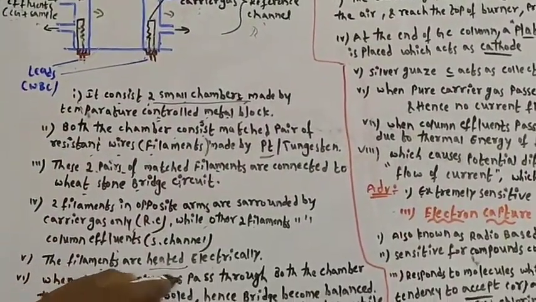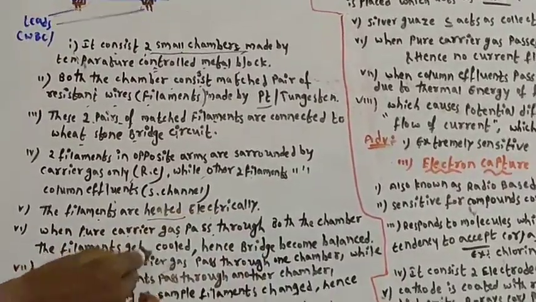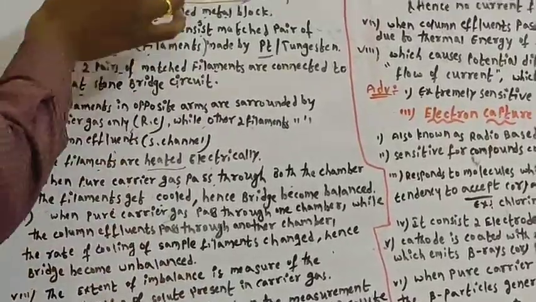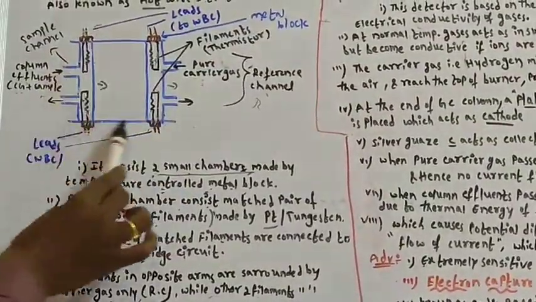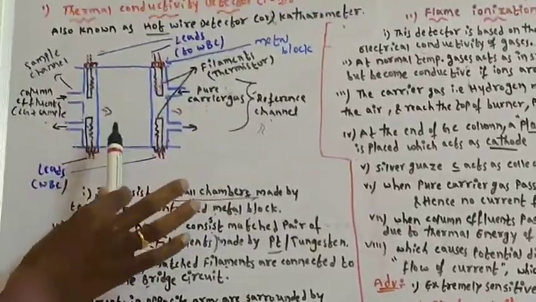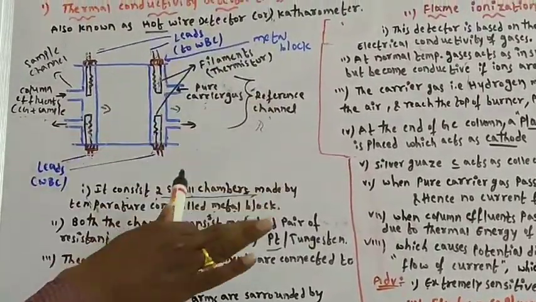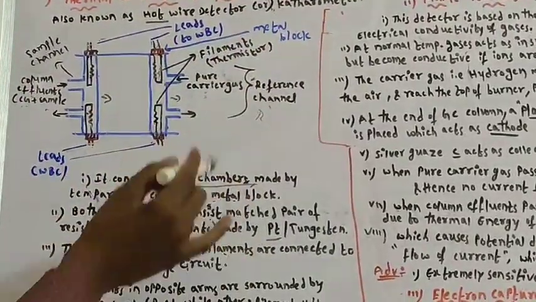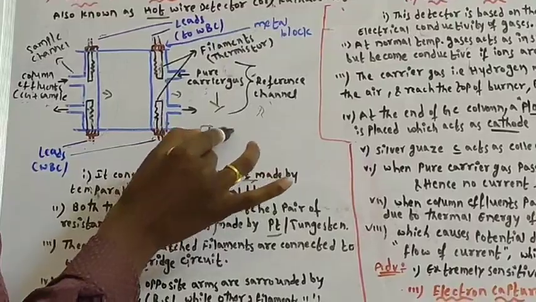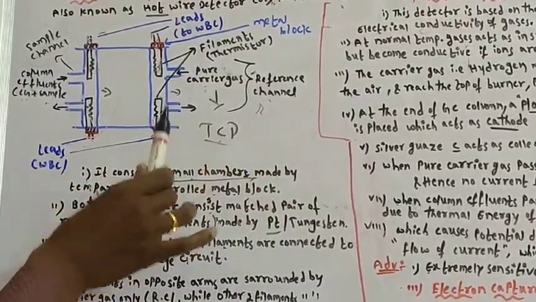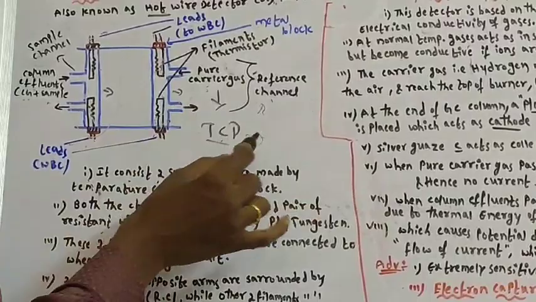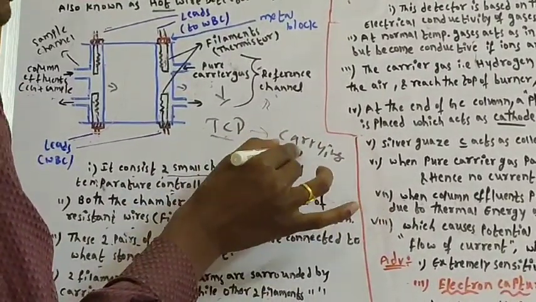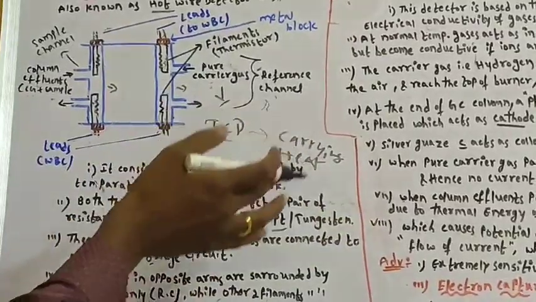When pure carrier gas passes through both chambers, the filaments get cold, hence the bridge becomes balanced. When pure carrier gas passes through all the 4 filaments, all the filaments will be cool and the Wheatstone bridge becomes balanced. Why? This carrier gas has thermal conductivity, which is the property of carrying heat.